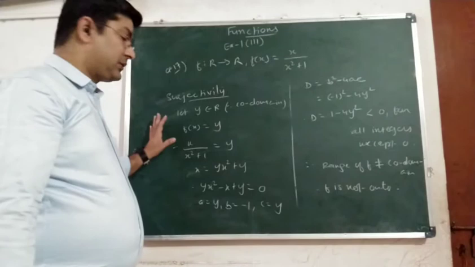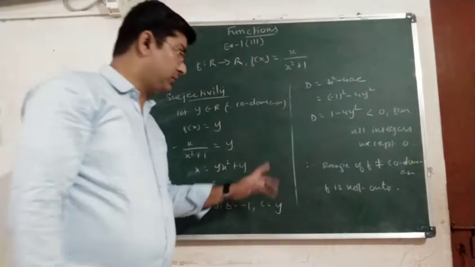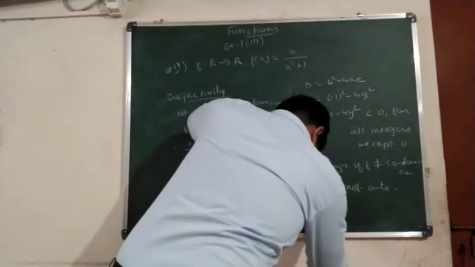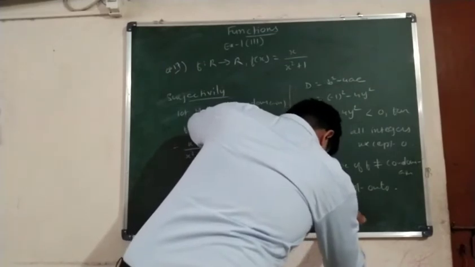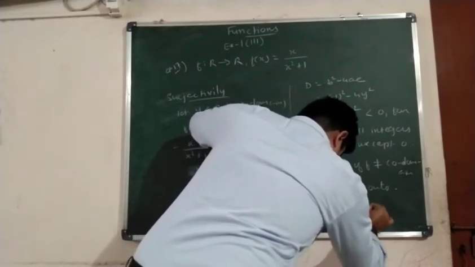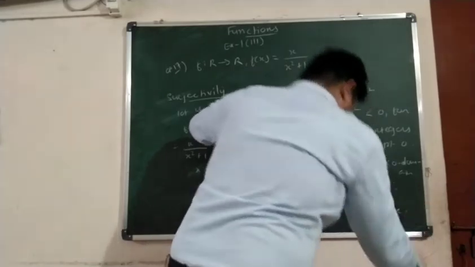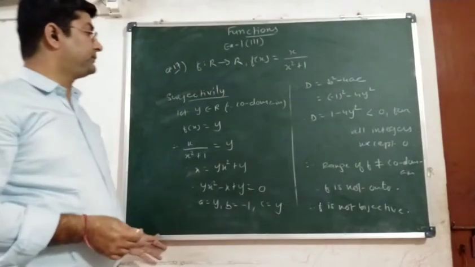Now since it is not one-one as well as not onto, this function is not bijective, and therefore f is not bijective. Please note down.